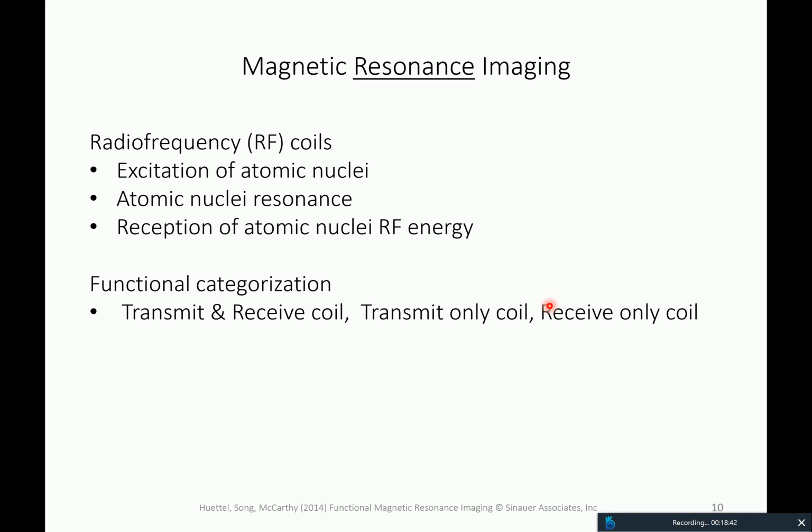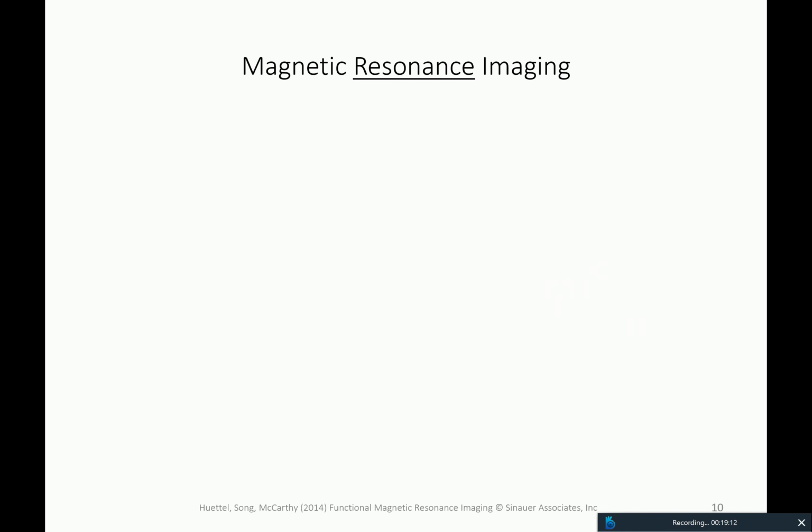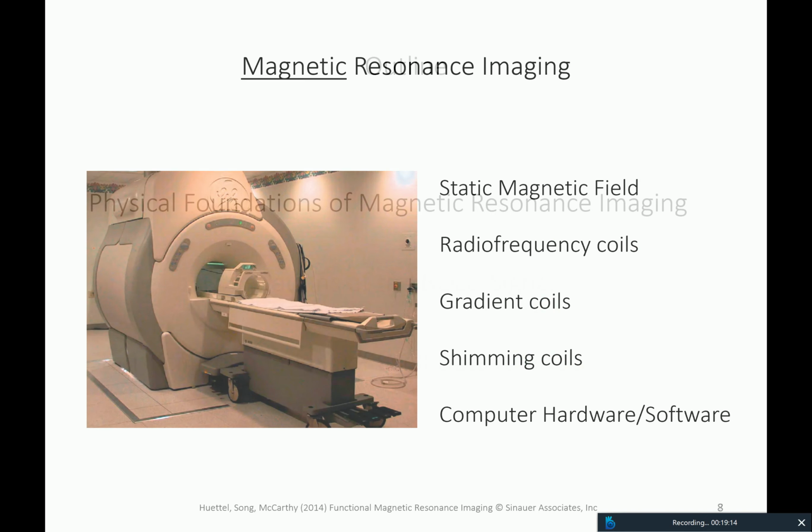The radio frequency coils come in different forms, so one can functionally characterize them as transmit and receive coils. These would be coils that send out electromagnetic waves and also act as antennas, but there are also coils that are only to transmit, inducing radio frequency waves, or only to receive data.